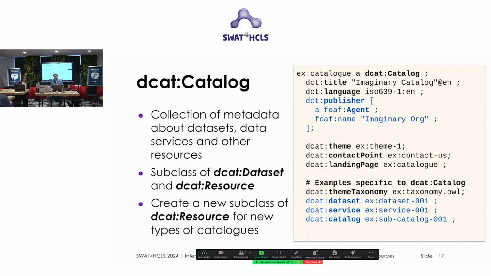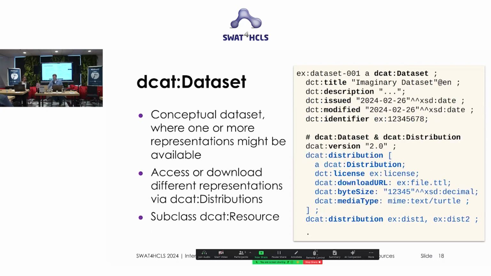So a catalog is a data set. A data set is something more generic called a resource. And this is made this way to intentionally allow it to be extended to other things. So you could have different standards or semantic artifacts or some other type of object that would be necessary to share with your resources. And then there's the data set, which is a conceptual identifier or description of the data.